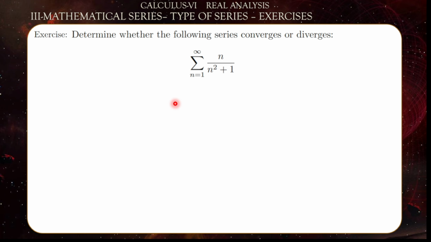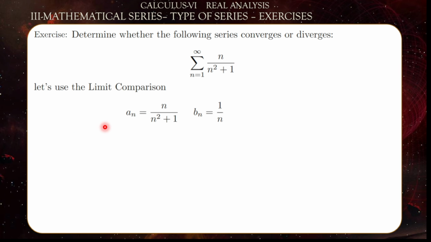Okay, so b_n should be a known series, which we know whether it converges or diverges, and we see what the value of the limit of a_n divided by b_n would become. So if the limit is equal to 1, for instance, and if b_n converges, then a_n definitely converges, or if the limit is equal to infinity, and if b_n diverges, then a_n diverges as well. So they follow through each other.